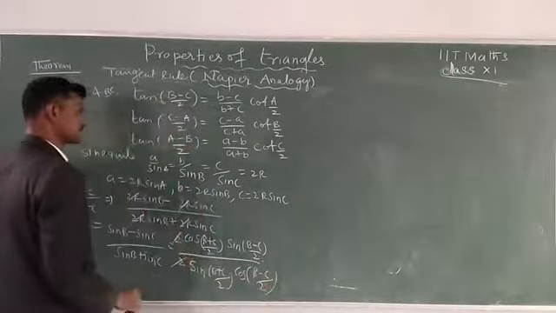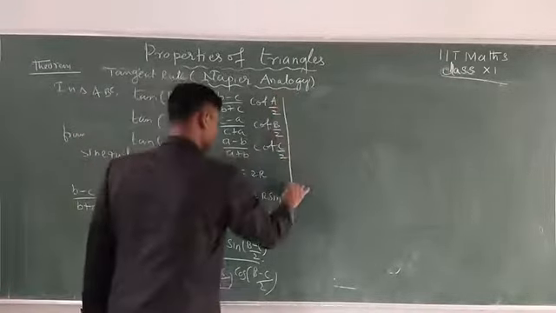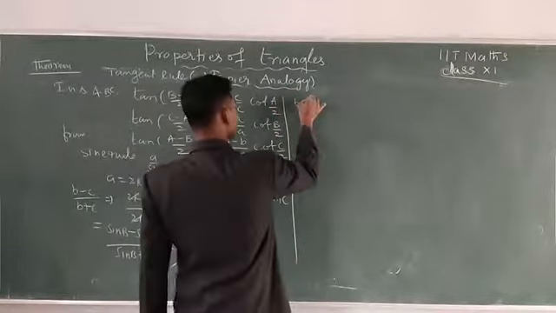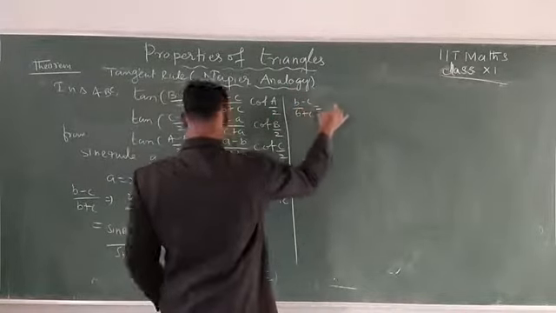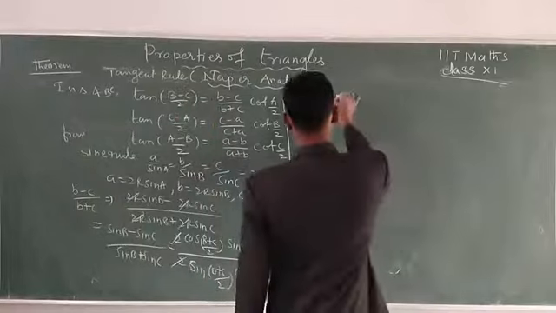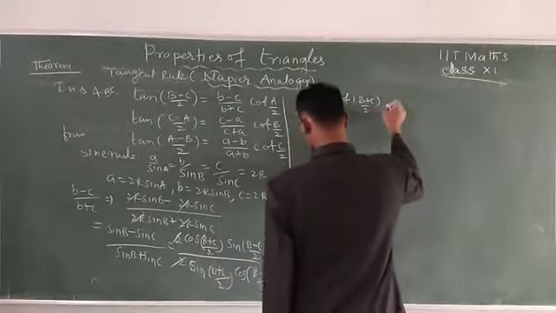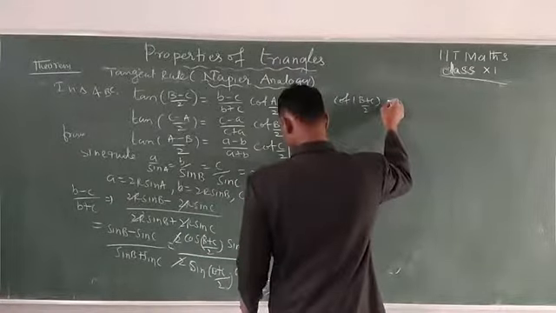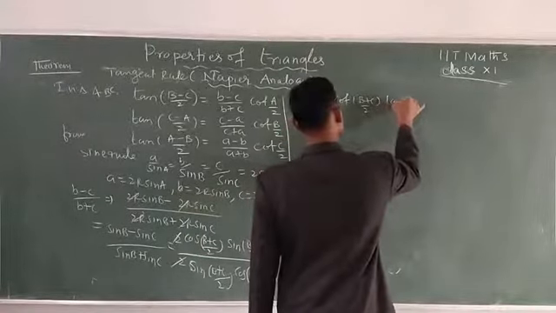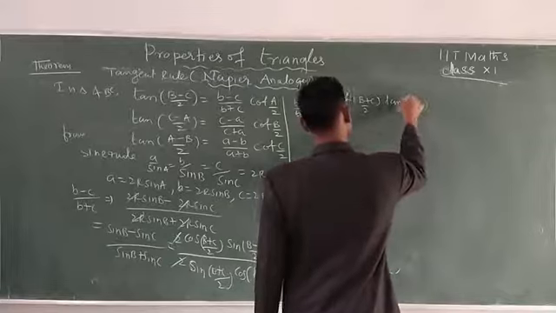Now here 2 cancels. This is rewritten as (B minus C)/(B plus C) is equal to cos by sin, which is cot (B plus C)/2, and sin by cos means tan (B minus C)/2.